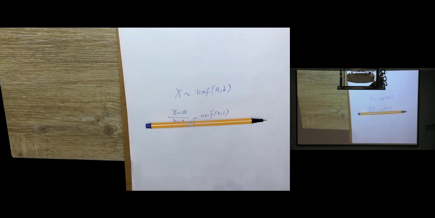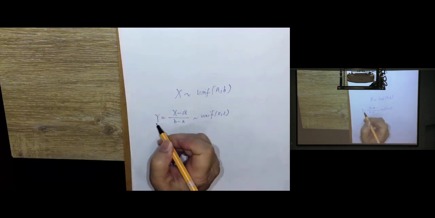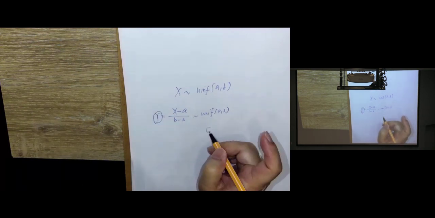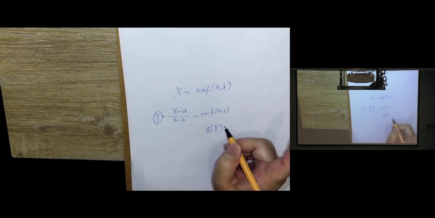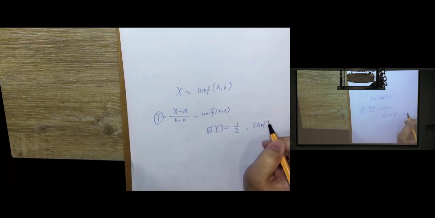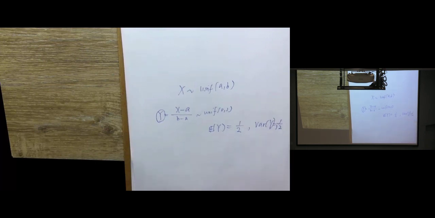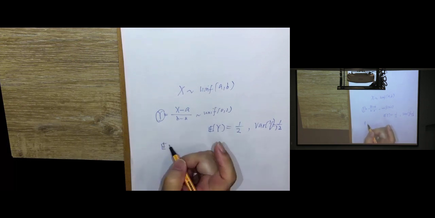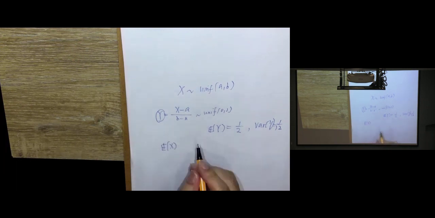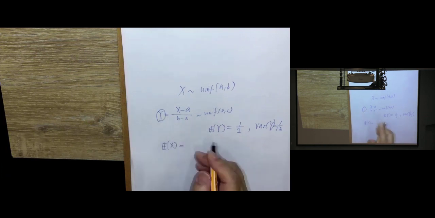All right? Now, okay, so this is Y. For this particular case, the expectation of Y is half, and the variance of Y is 1 over 12. And so now you can translate back to the expectation of X by doing the algebraic calculations here.